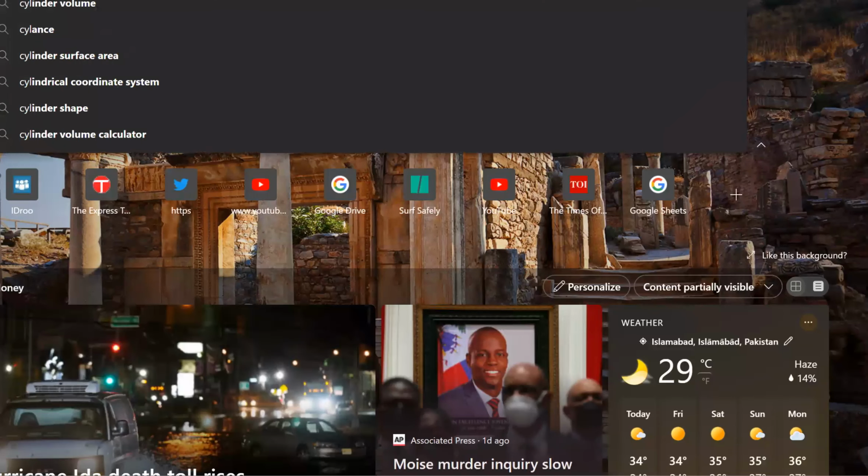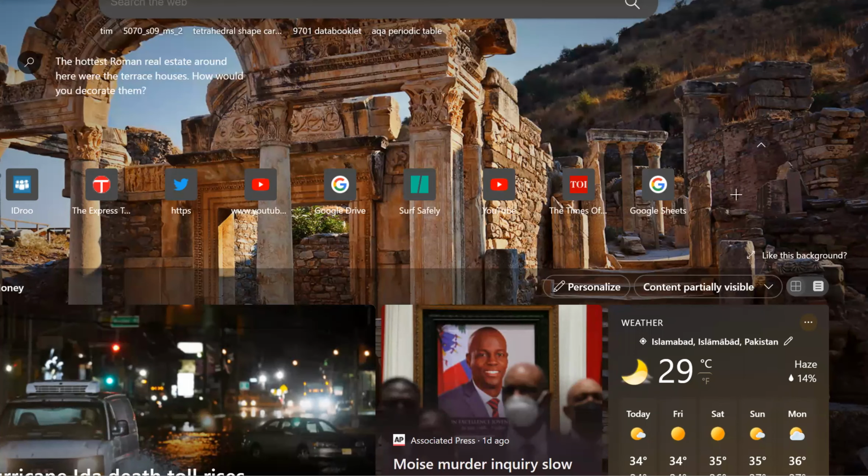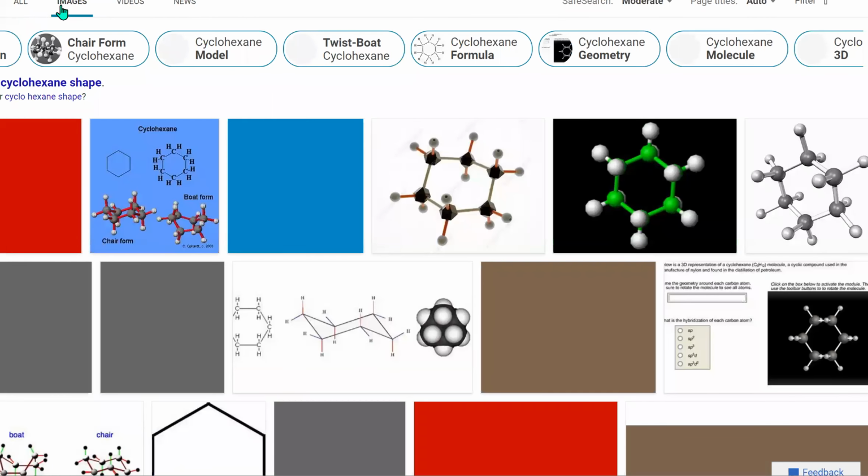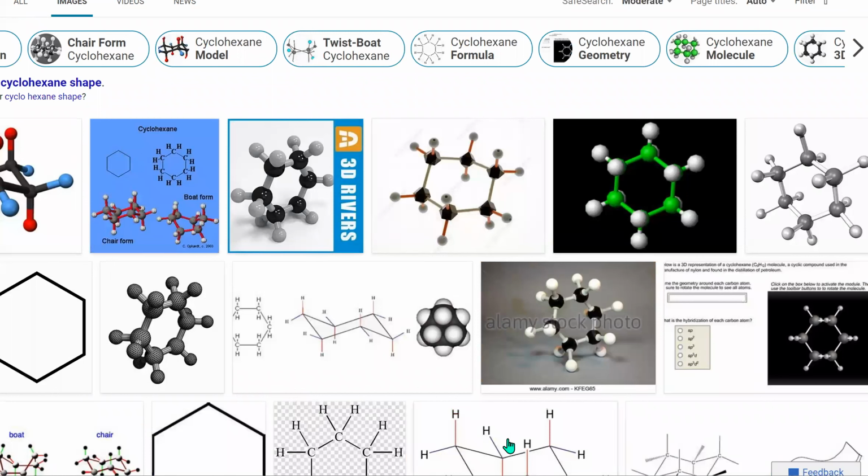I can show you the shape of a cyclohexane molecule. Just 1 second. So cyclohexane is like connecting lots of tetrahedral arrangements together.